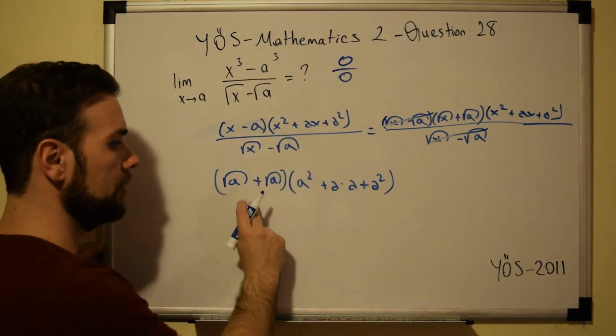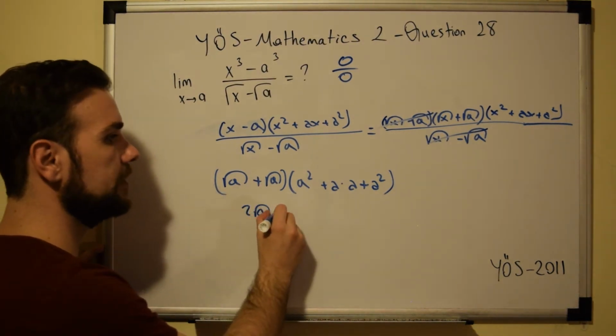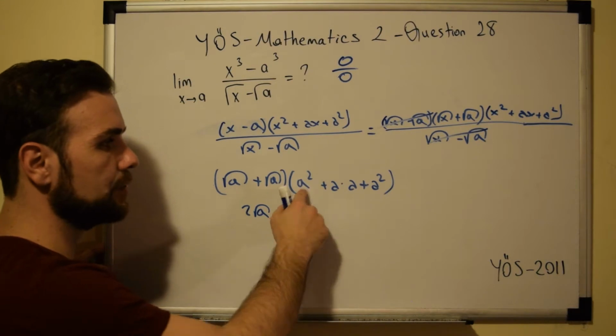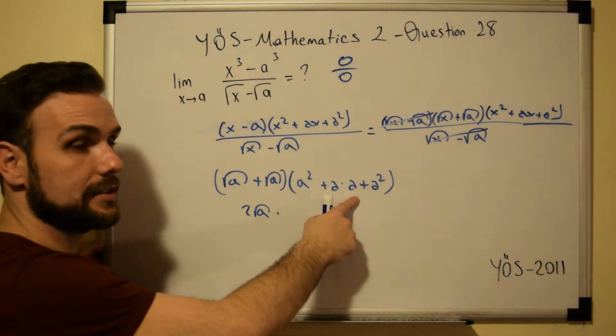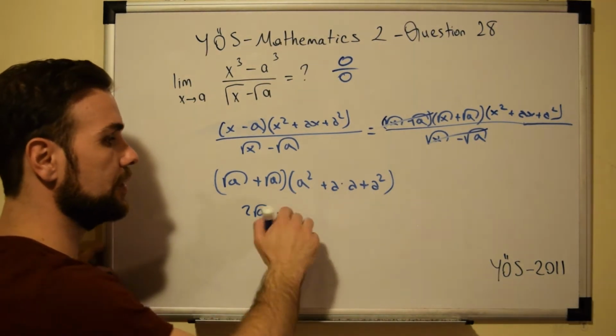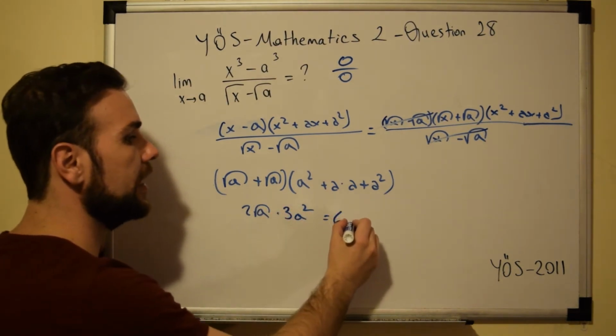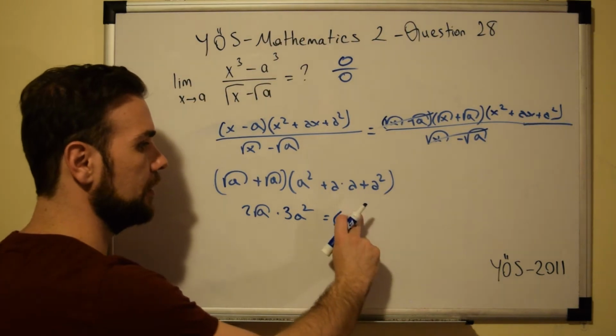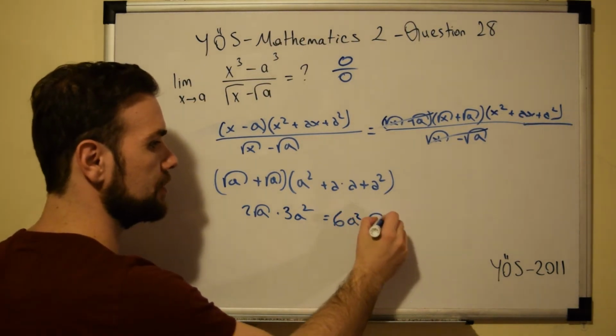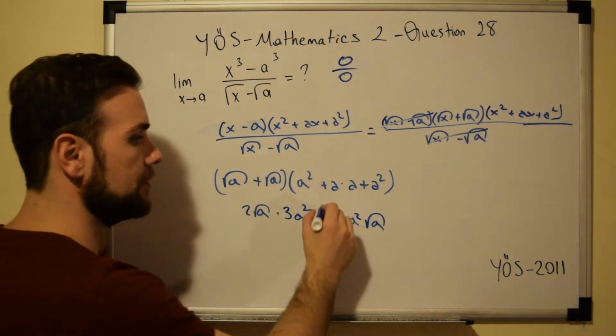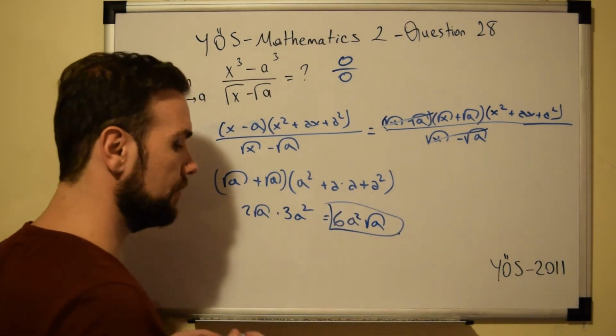We have 2 square root of a times a squared, a times a gives us a squared, plus another a squared, so we have 3a squared, and this is all equal to 6a squared square root of a. As you can see, this is the process you need to follow to get to the right answer.